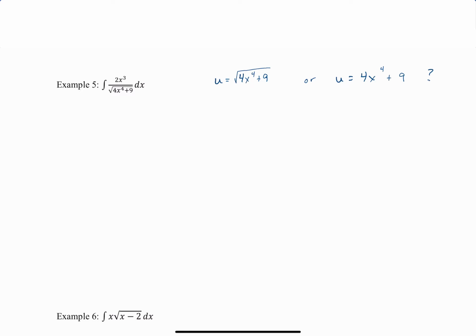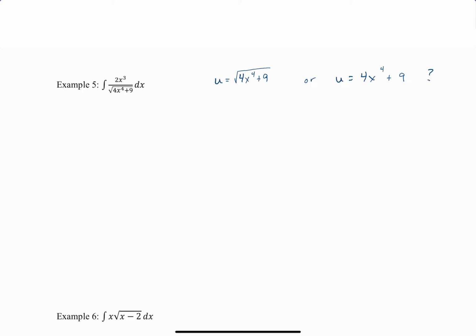We don't know at this point which of these is going to work. But looking at them, I can see which one would be easier. I'd much rather differentiate this one to get my du than to do that one. And my advice is to start with the easy one.